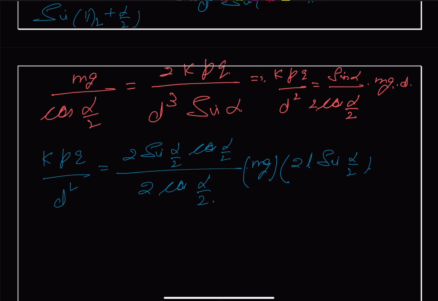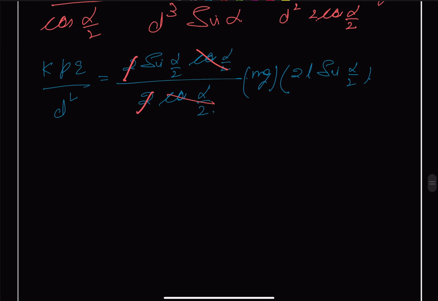And this 2 cos alpha by 2 and cos alpha by 2 cancel out, so we get this will be equal to 2l sine square alpha by 2, and we get 2mgl, and we have this as sine square alpha by 2.